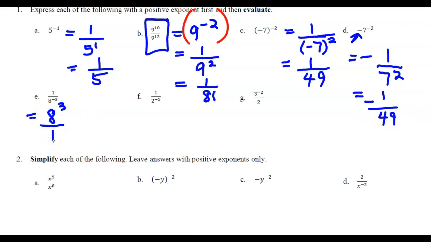You might think I'm going to show it with a 1, but you don't need to show the 1. Anything divided by 1 is itself. So what's that? 8 times 8 is 64, times 8 is 512.